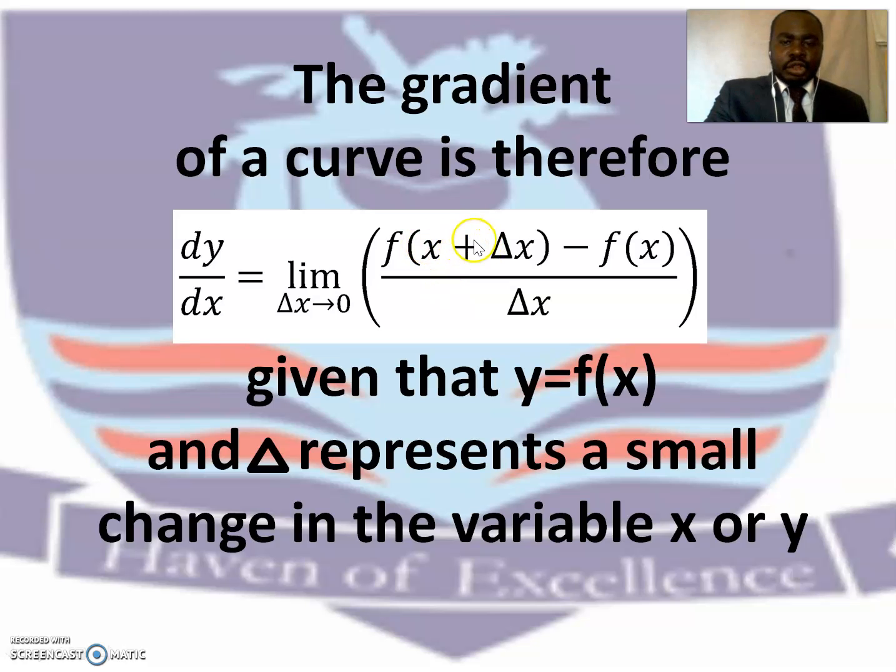This is our y2 and this is our y1. Change in x is simply our x2 minus x1. It simply means a change in x. So when we change our x, we expect a corresponding change in y, and that is what this f of x plus dx means, or f of x plus change in x. That's what it implies.